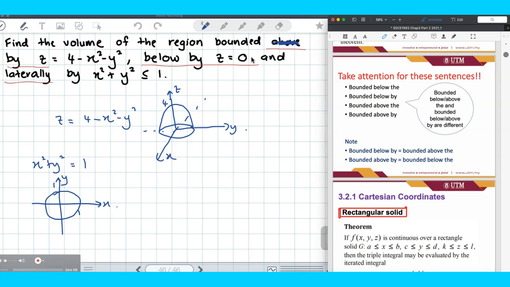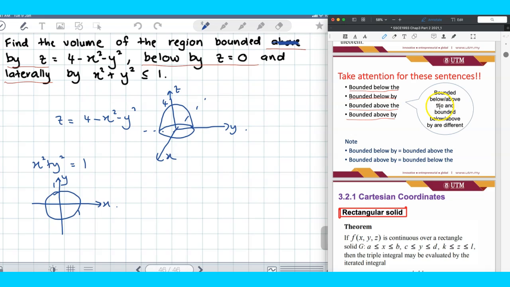But if there is the word above here, it is mentioning that your upper bound is from the bowl itself. Just like I provide you in the notes, you have to take note of these sentences. There is bounded below by, or bounded above the, or bounded above by.